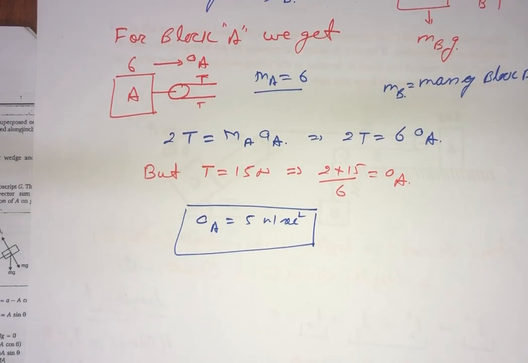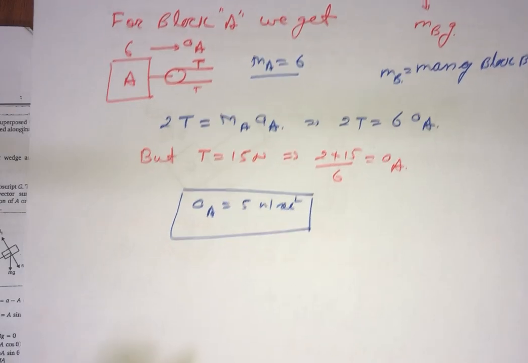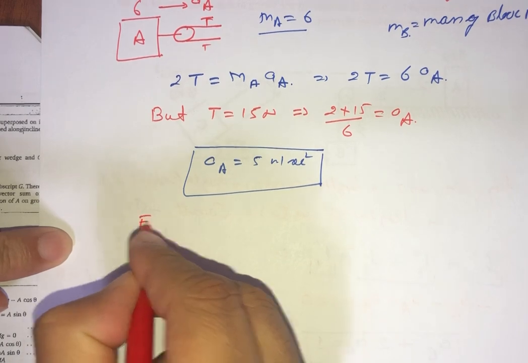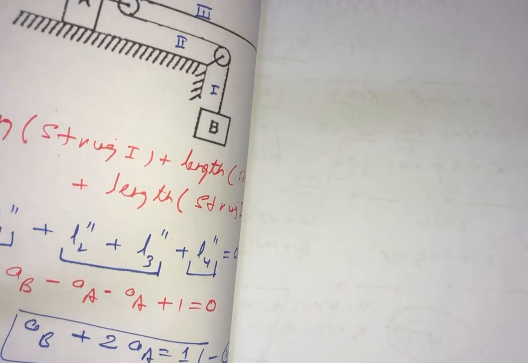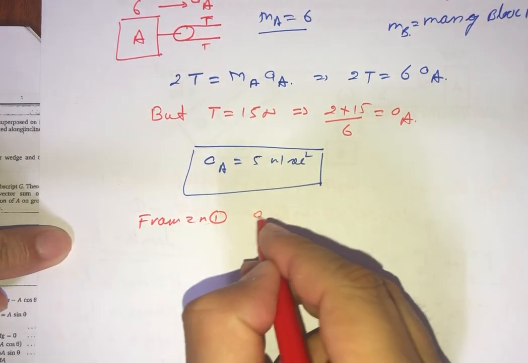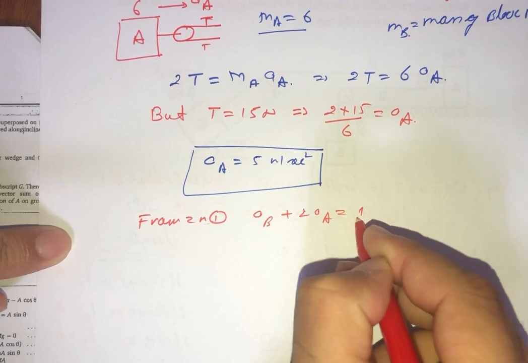And we have already derived from equation 1, which states that acceleration of B plus twice acceleration of A is equal to 1. Okay, we write from equation 1, aB plus twice aA is equal to 1.